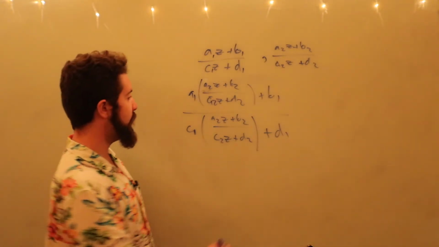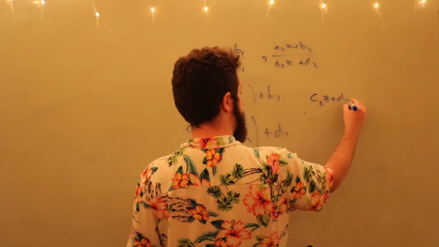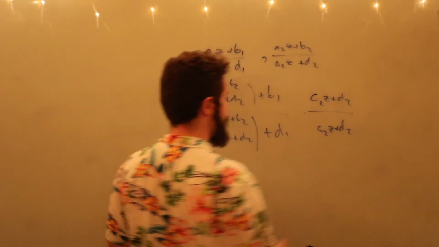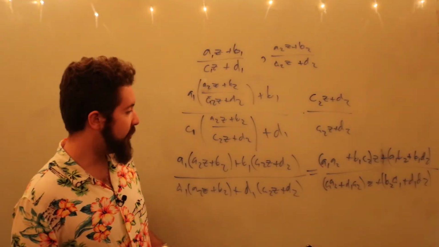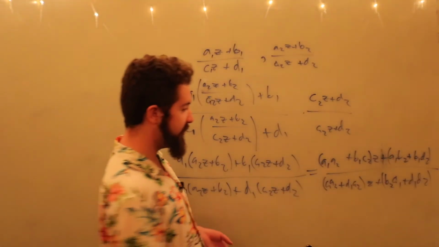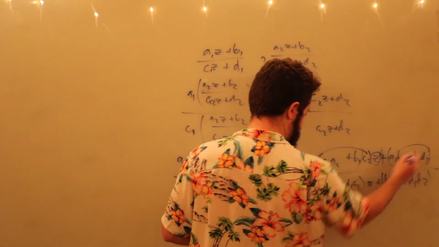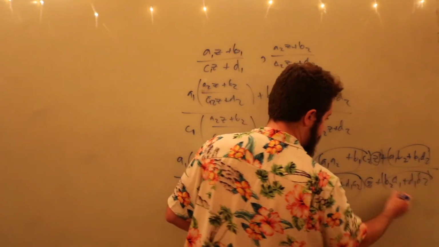Alright, now let's multiply by (c2z plus d2) all over (c2z plus d2). What are we going to get? It's a little bit messy, but what you'll notice is that we have a constant times z plus a constant, divided by a constant times z plus a constant.